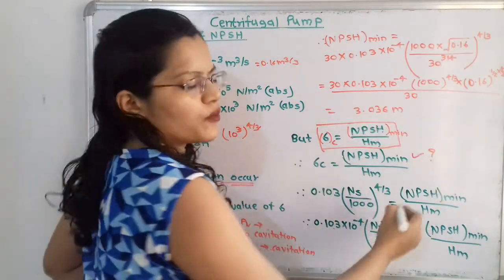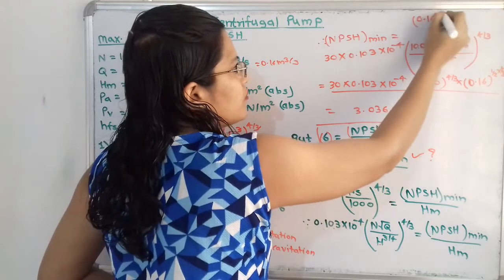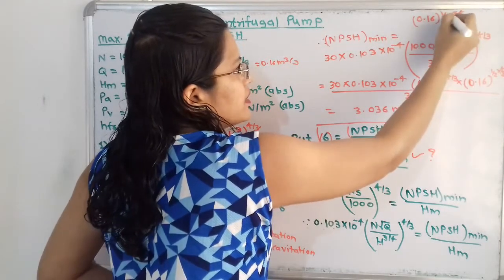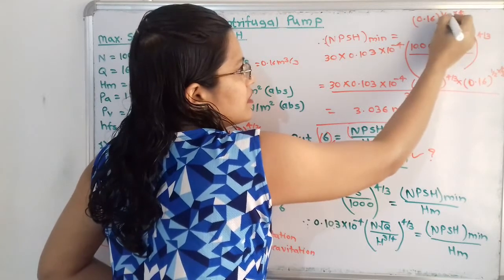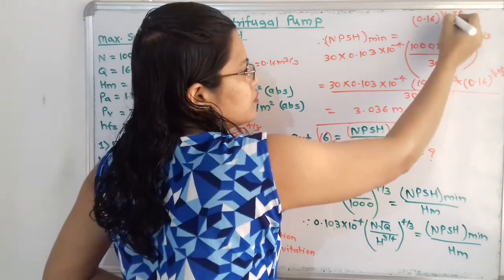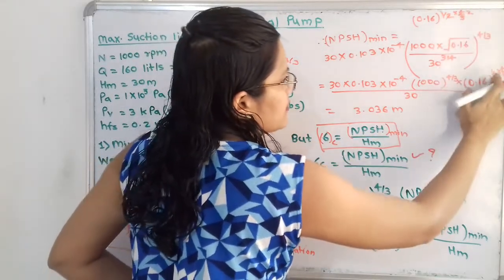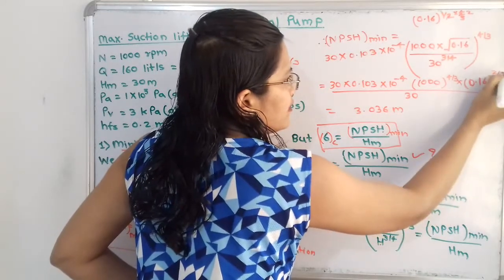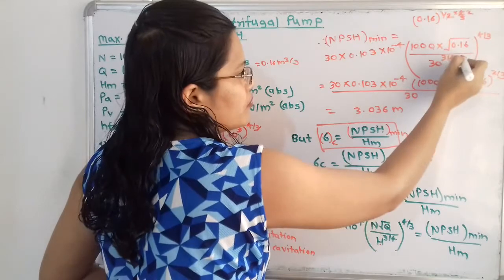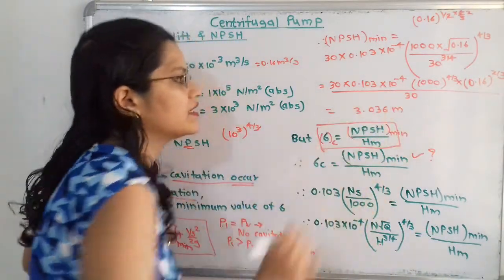Under root of 0.16 means 0.16 raised to 1 by 2, multiplied by 4 by 3. In the denominator there is 2 and in the numerator there is 4, so I can write 0.16 raised to 2 by 3. And here 30 raised to 3 by 4 multiplied by 4 by 3, so 3 by 4 into 4 by 3 gets cancelled, and only 30 is there.